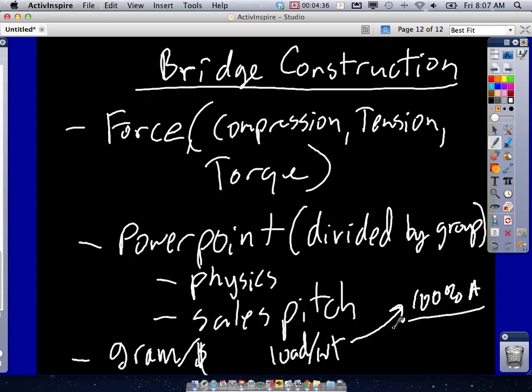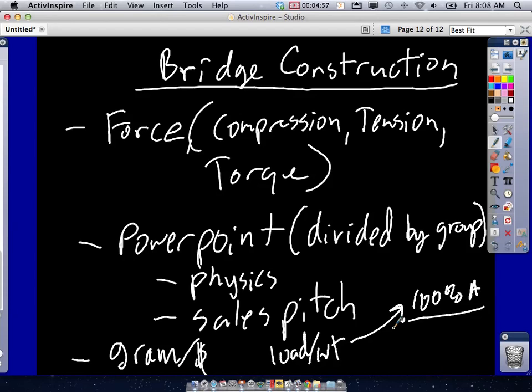But yeah, your blog is supposed to be the process, right? Ideally, you should have had pictures. You should have had your thoughts about how you're putting it together, because all of that's going to play into your PowerPoint. All right, so the biggest idea of the PowerPoint is that it's a sales pitch.